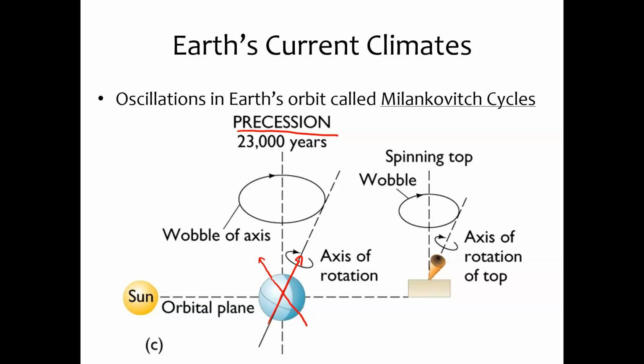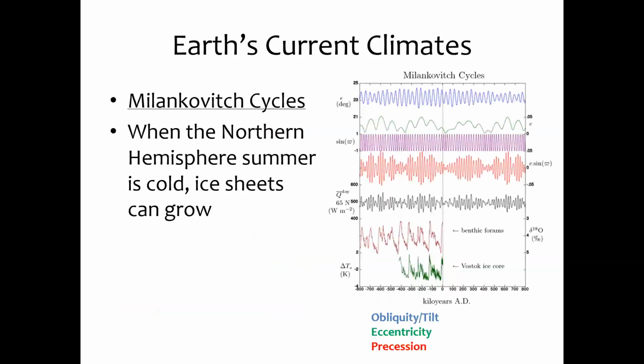Kind of like how if you watch a top spin on the ground, it's always spinning around its axis, but that axis can change orientation as the top wobbles around and ends up pointing this way to that way until it finally falls over. Earth is not going to fall over as a result of precessing because there's no friction against anything, but its axis can change orientation over time, which does have some influence on seasonality, right? And so that's going to influence climate as well.